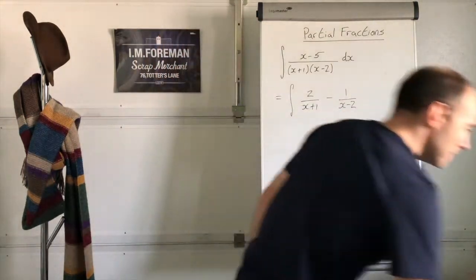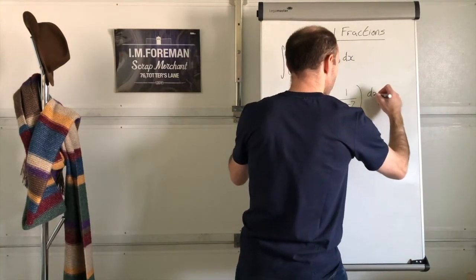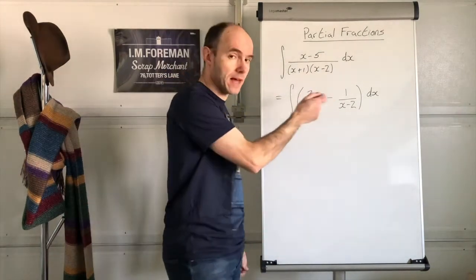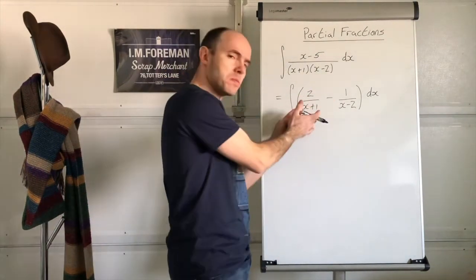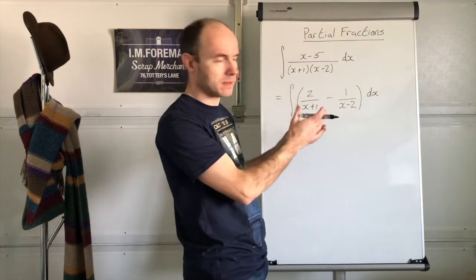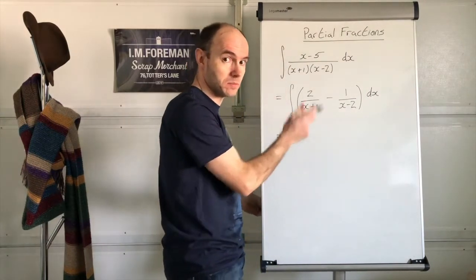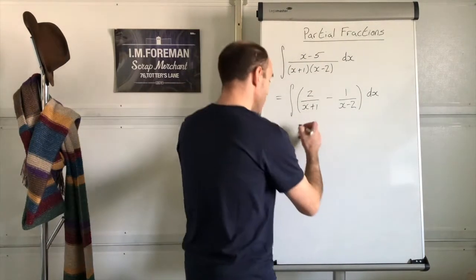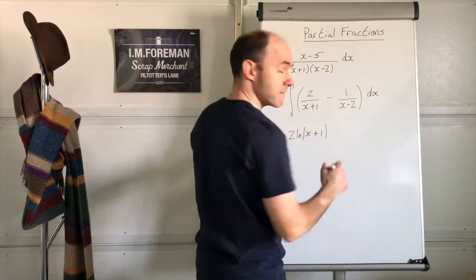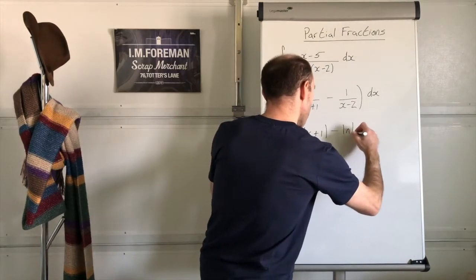Happy with that? Let's make this line correct, shall we? Integrate that dx. There's a little bit of working to get from this line to that line, and I'm hoping you know how to do that from the previous work. So this here is going to be 2 natural log of x plus 1, and this one here is going to be subtract natural log of x minus 2.